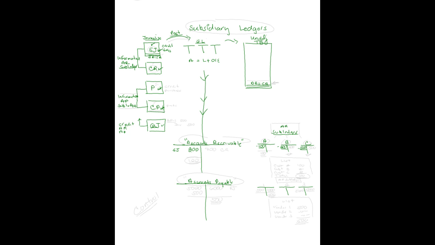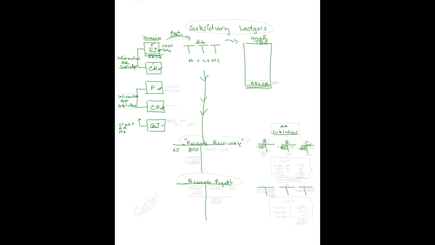Each day we posted individual activity, and at the end of the month we totaled the journal and posted its activity. The other journal that affects the accounts receivable subledger is the cash receipts journal. Let's assume that during the month we received $700 in cash receipts. Each day, as we recorded them into the cash receipts journal, we would update the subledger.